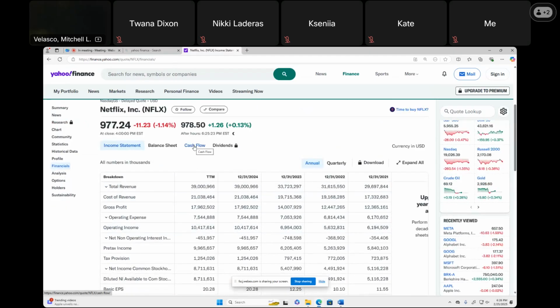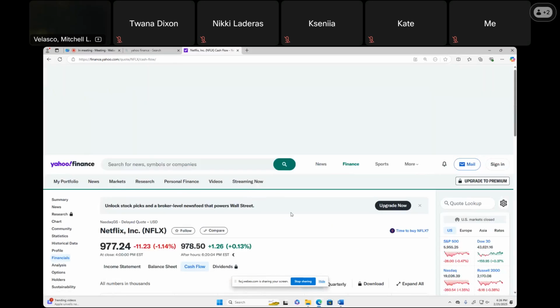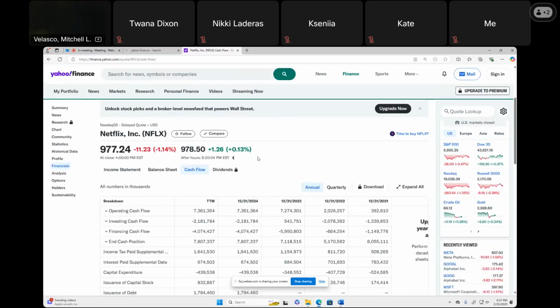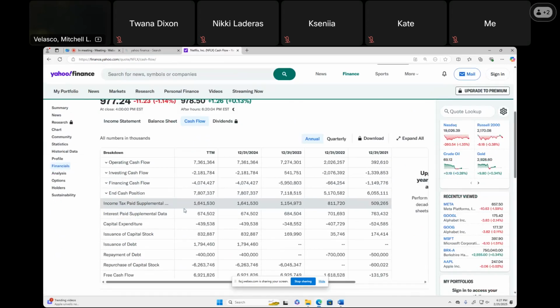Of course, as a finance guy, you want to take a look at the cash. Hard to fake cash. How much cash are they? Now, just because they are spending cash doesn't mean that's a bad thing, because sometimes you like to see businesses spend cash for building infrastructure or capital expenses to try to get the business to grow. But let's see what Netflix is doing. If you click on the cash flow statement, you can look at their ending cash position.